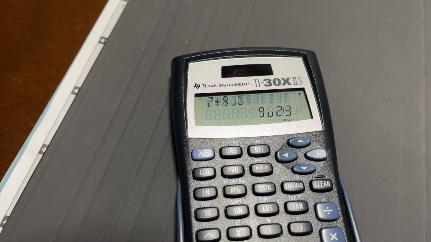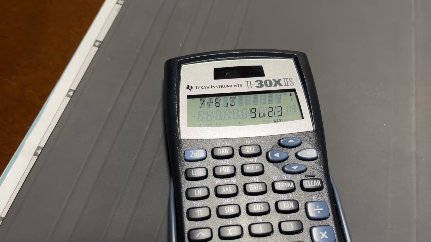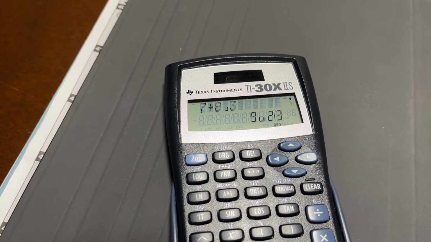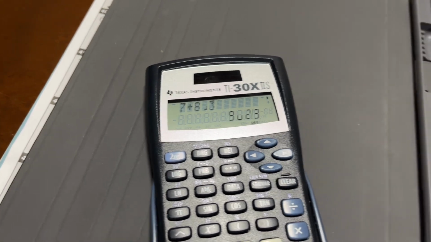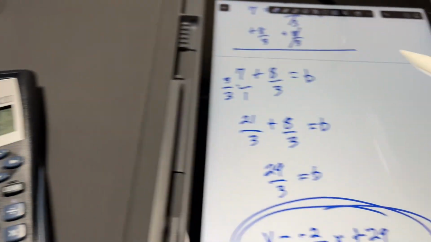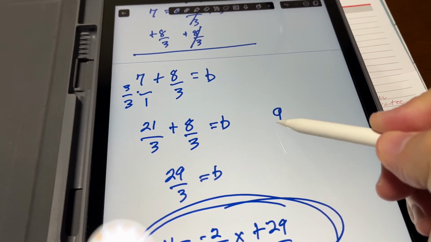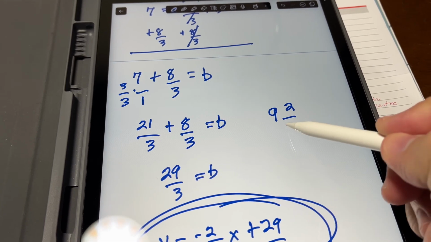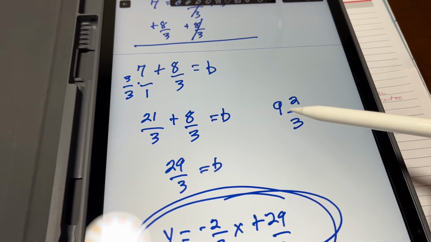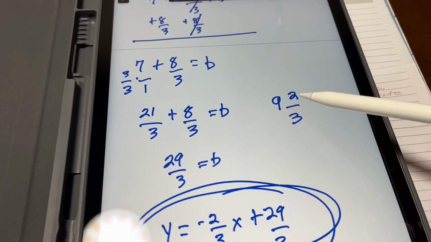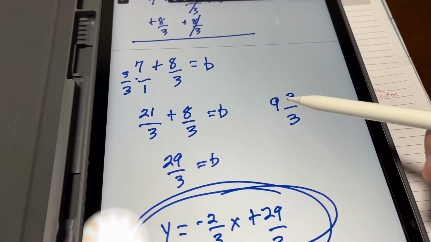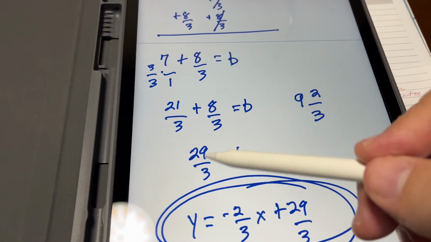And it's going to give you 9 2/3. That's what that says, 9 and 2/3. Now, if you had 9 and 2/3, I'm going to write that over here. 9 and 2/3. Notice 9 times 3 is 27. 2 more would be 28, 29. You'd have 29 over 3.